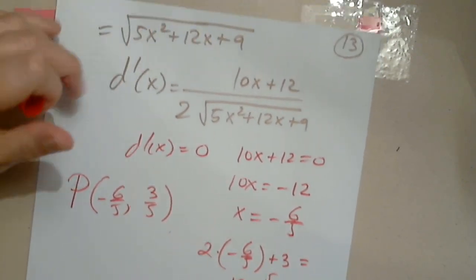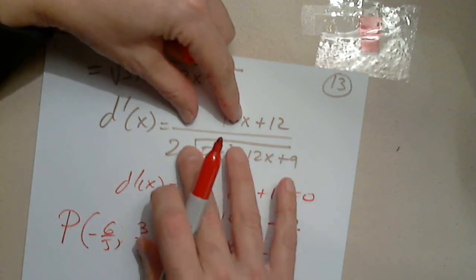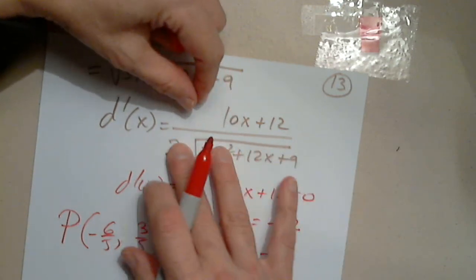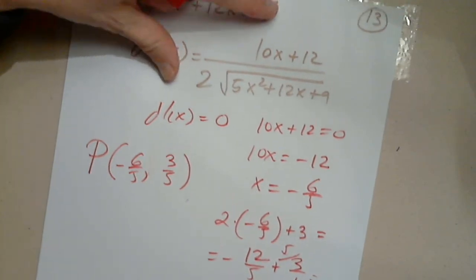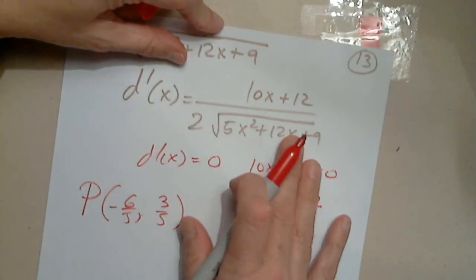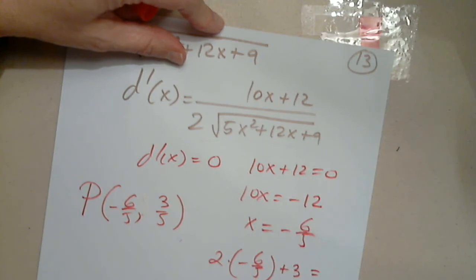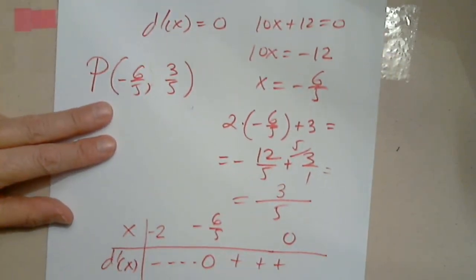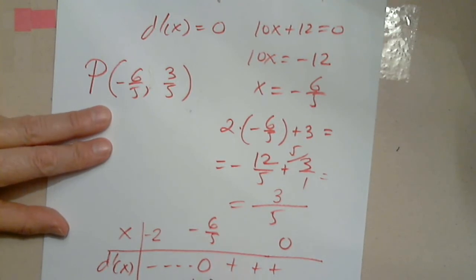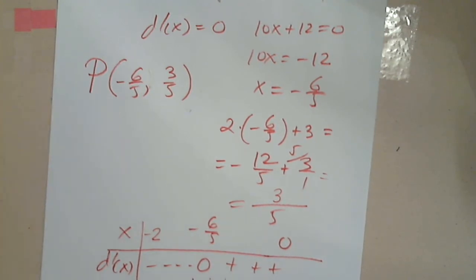When I plug in 0 in the derivative, it's positive. The denominator is always positive, I don't care for it. When I plug in negative 2, negative 20 plus 12, this is negative. So this is definitely guaranteed to be a minimum.